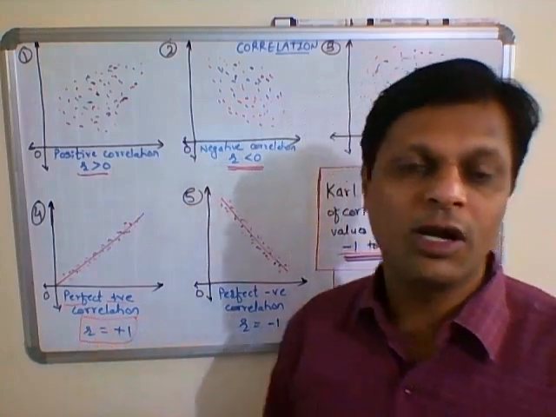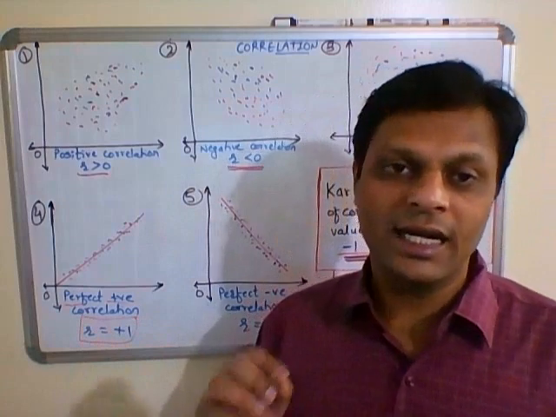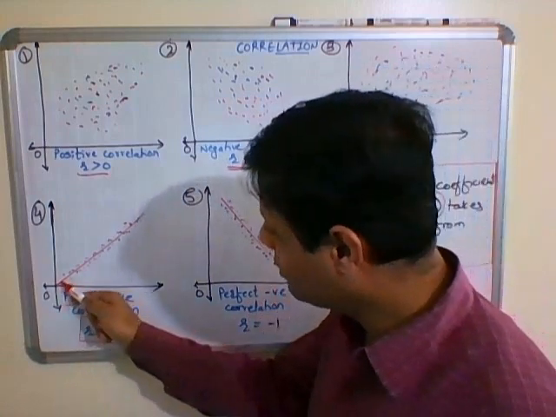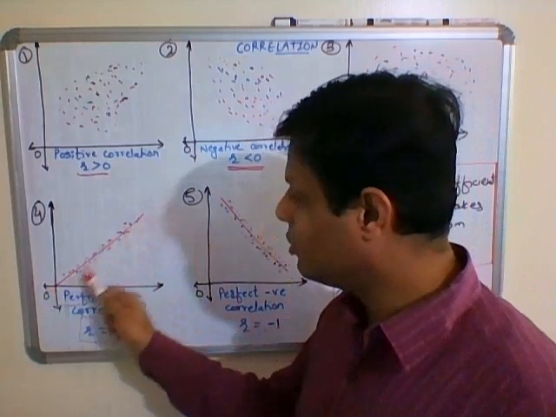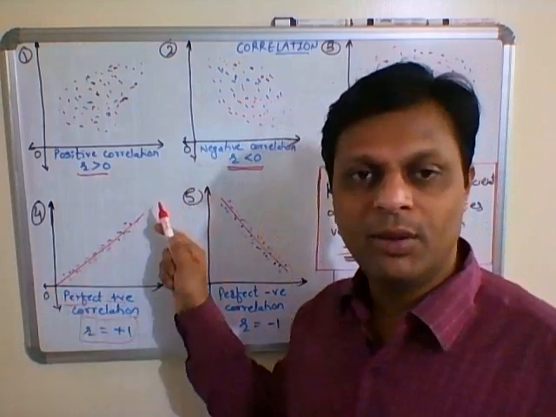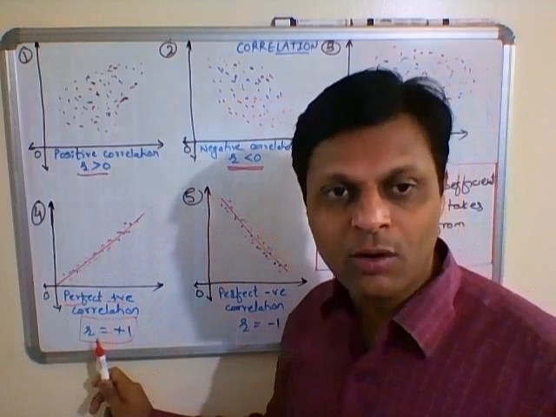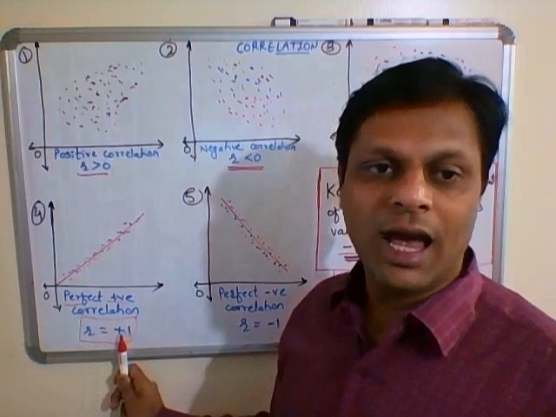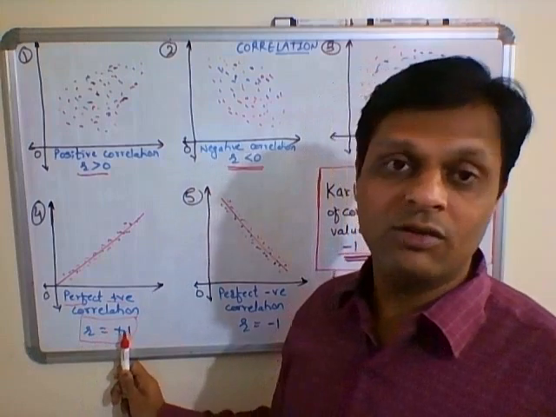Our coefficient of correlation will carry the value exactly +1, where values are moving in a straight line from left bottom to right top. So the value of r, the coefficient of correlation given by Karl Pearson, will be exactly +1.